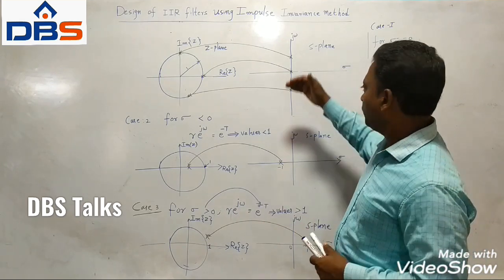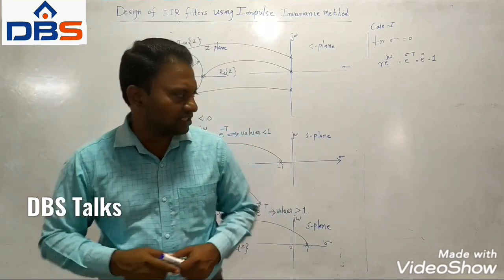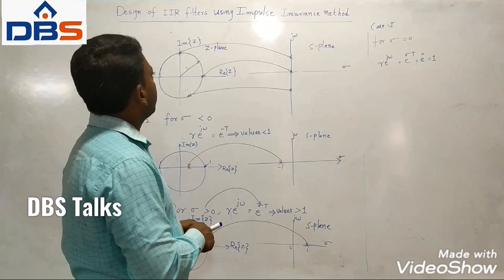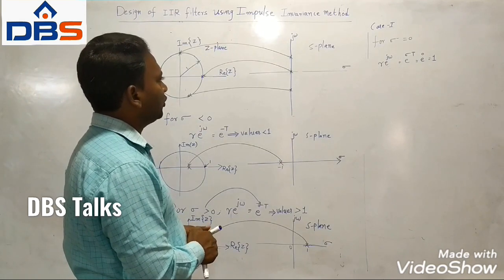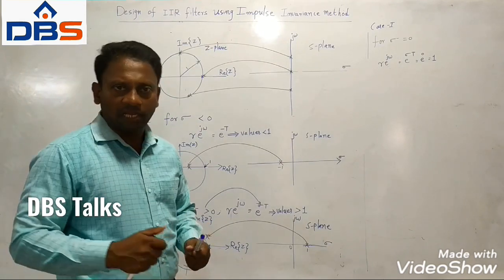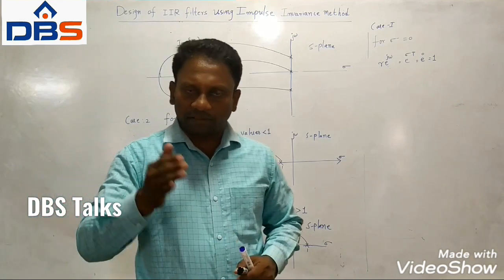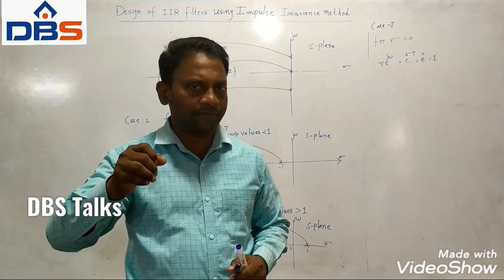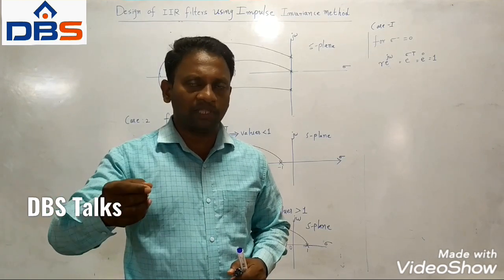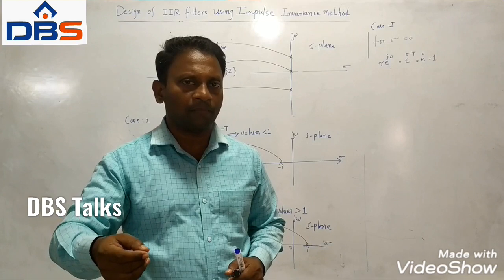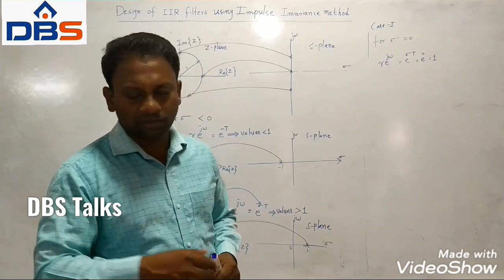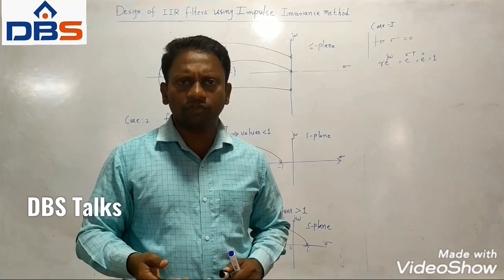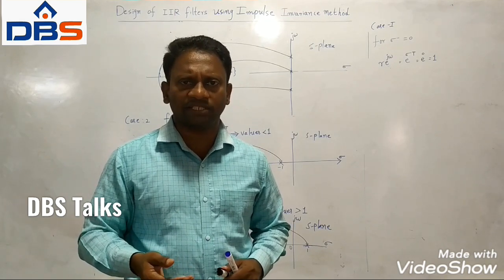So like this we have different cases when converting an analog filter to a digital filter. In the impulse invariant method, we have an analog filter transfer function, which is sampled at a sampling interval of t, and we get a digital filter transfer function. We can represent it as H of z is equal to sigma n equal to 0 to infinity h of n z power minus n.